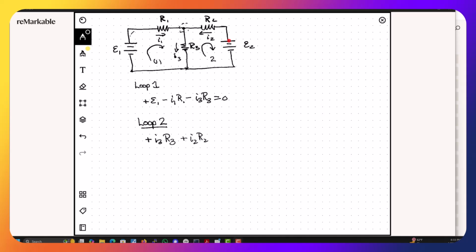I'm going from the long side to the short side, minus E2 equals 0. So, right, I crossed against the current here, so it's plus. I crossed against the current here, it's plus. I went from the high side, the plus side, to the minus side, that's minus. Okay, that's loop 2.